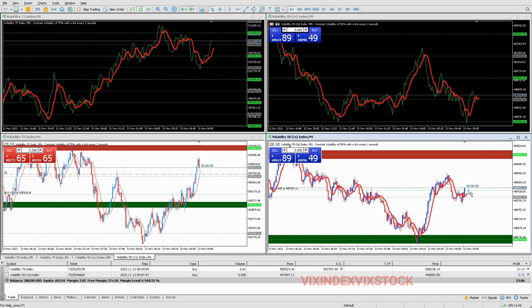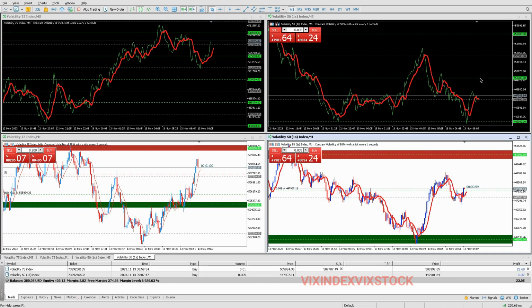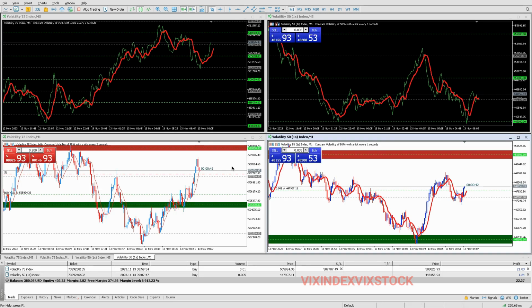It seems like it wants to cooperate with us, so let's hopefully see it continue to push up. Hopefully we are not going to lose some money again right in front of you guys, but it's good to lose money in front of you people, so that you know it's not always a win game. You lose some money, you make some money. So that's the beauty of trading.